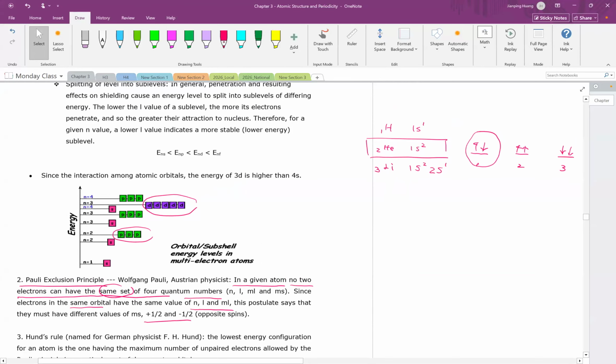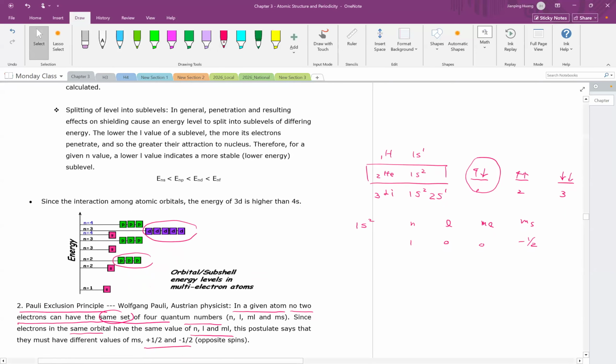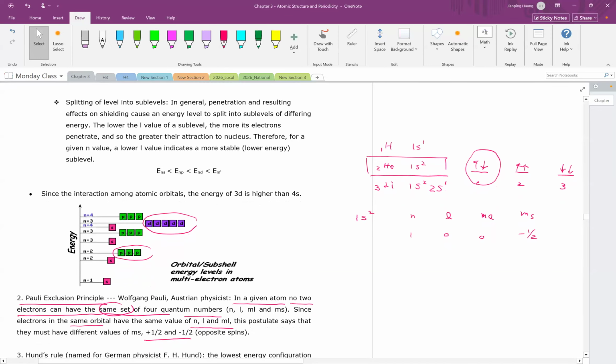So let's look at 1s2: n, l, ml, ms. For 1s, n equals 1, l equals 0, ml equals 0. So that we can say -1/2, based on the Pauli exclusion principle.